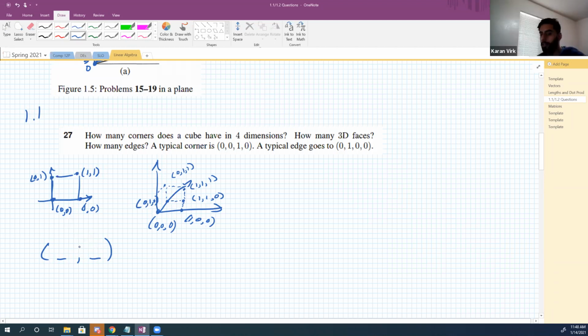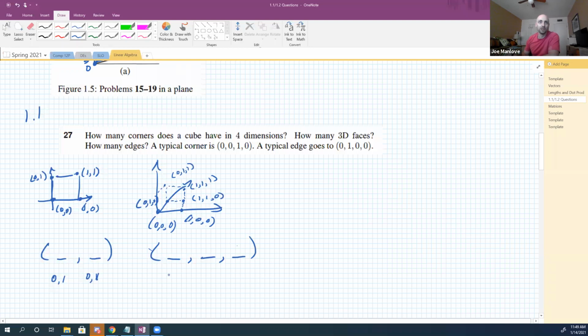Either 0 or 1. Yeah, they have to be either 0 or 1. You guys see that? In my next case, the cube, I have 3 spots to fill in, and my picture got messy, but they are either 0 or 1.